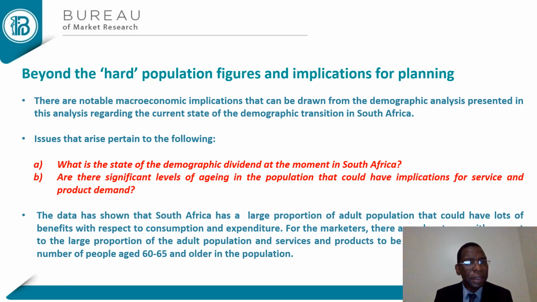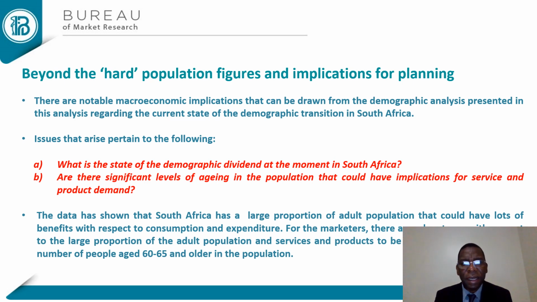The issues indeed that arise pertain to the following. 1. What is the state of the demographic dividend at the moment in South Africa? And secondly, are there significant levels of aging in the population that could have implications for service and product demand?